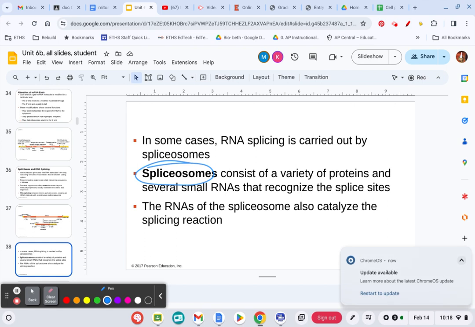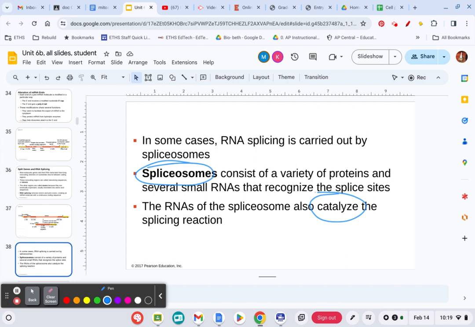Some of these RNAs are catalytic. What does that mean? They not only start it, but they speed it up. So they're catalysts. What did I tell you enzymes normally are made of? Amino acids, which is which macromolecule? Proteins.